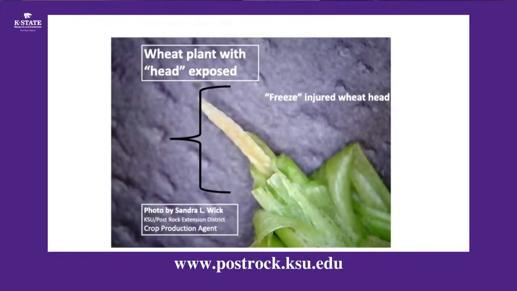You can see how that one's more whitish, creamish. It's more shriveled up. That's what you look for when you're splitting these stems. I've looked at a lot of wheat, and I am just not finding this right now. So we are very fortunate at the stage of development that we were in, and that it had quite a bit of canopy on it, so that kept the temperatures higher.